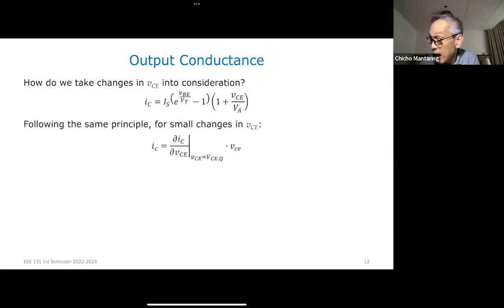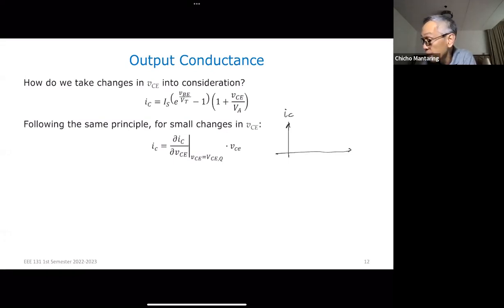So ang curve na ginagamit natin to determine this is actually your common emitter collector characteristic curves. Yun yung curve na gagamitin natin dito. These are also sometimes called your output characteristic curves, no?